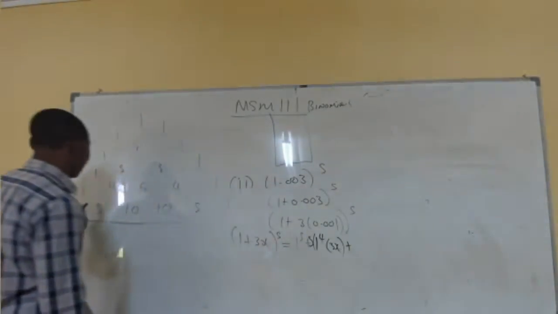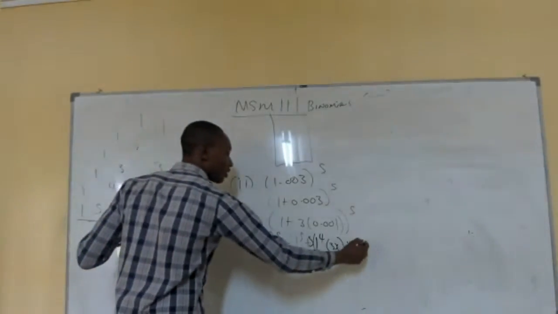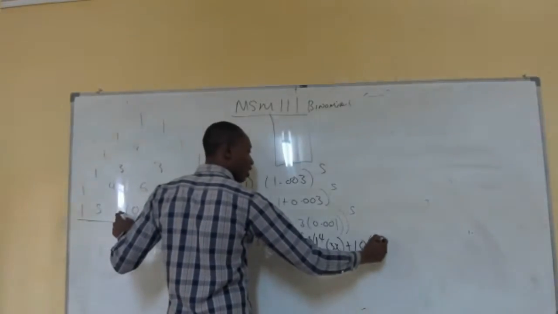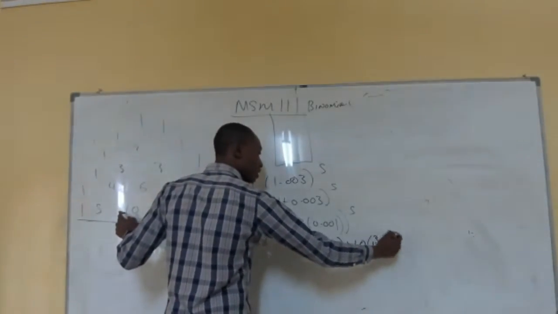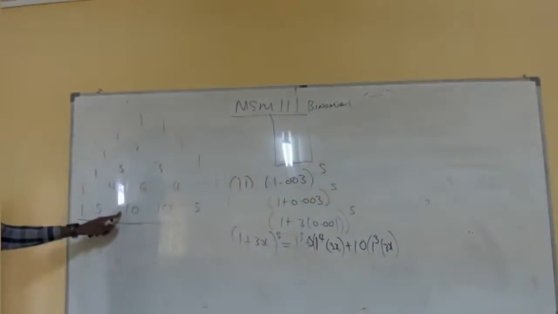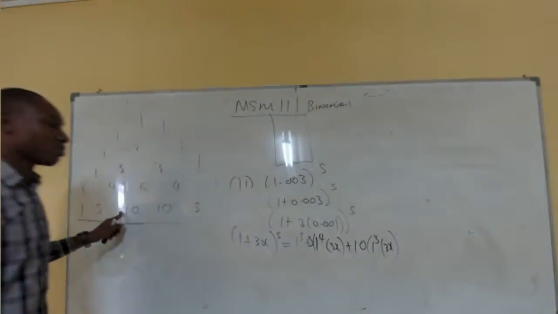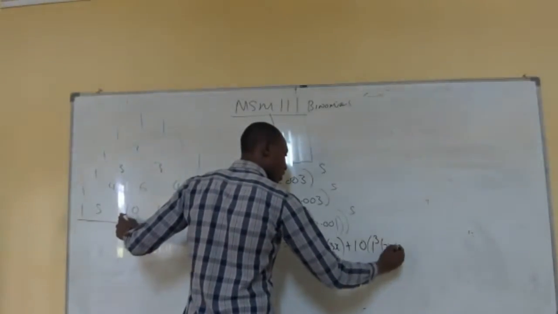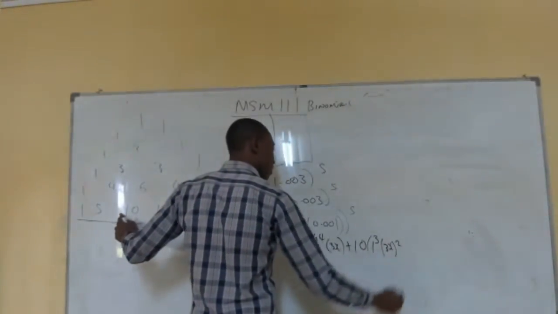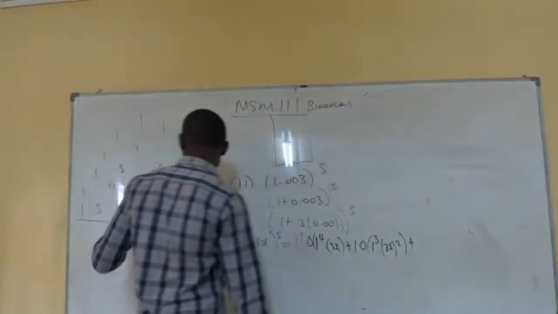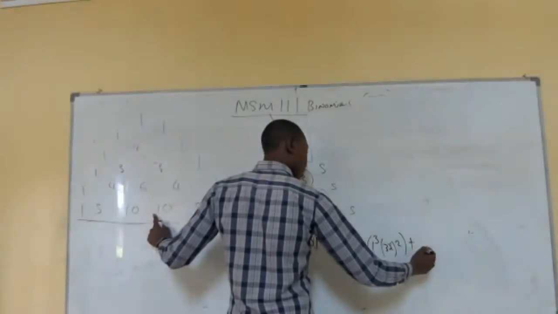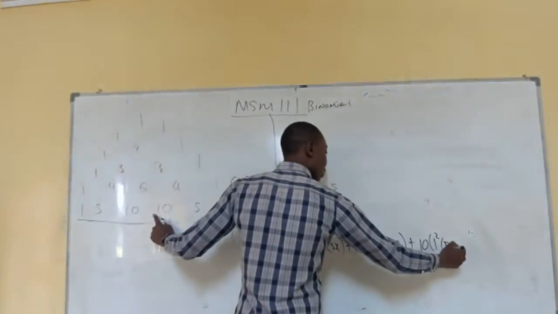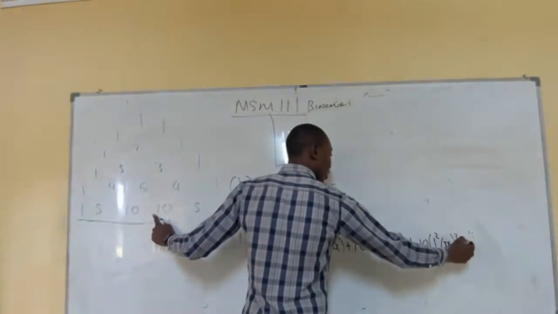Then the next coefficient is 10, so we write 10, then 1 to the power 3, then (3x) squared, plus 10 again, 1 to the power 2, (3x) cubed.